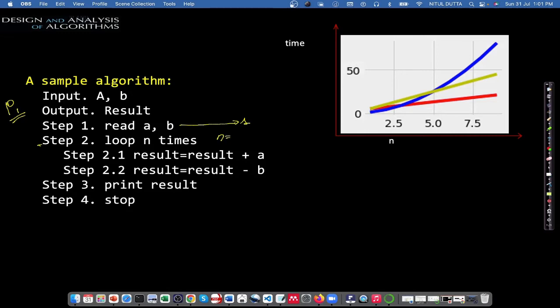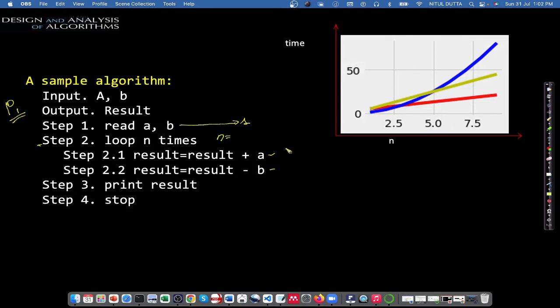Here n is the size of the data to be processed, and that mainly determines the total time complexity. Within the loop we have two statements, 2.1 and 2.2.